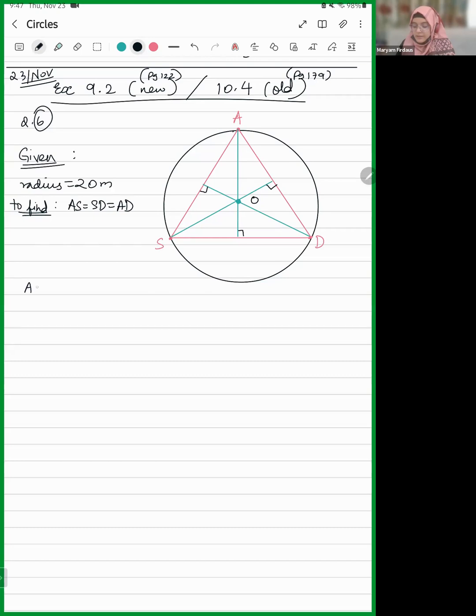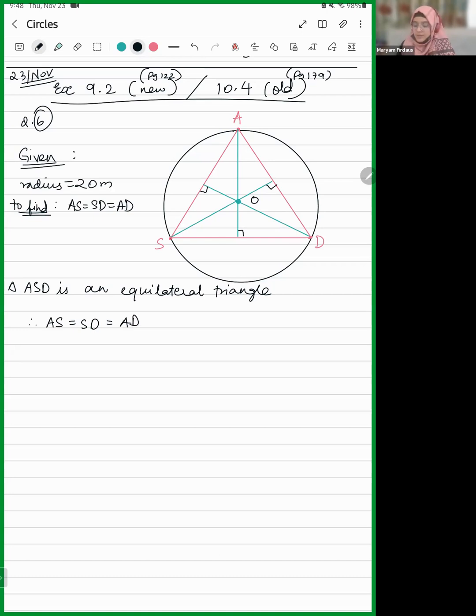Triangle ASD is an equilateral triangle. Therefore, AS is equal to SD is equal to AD.